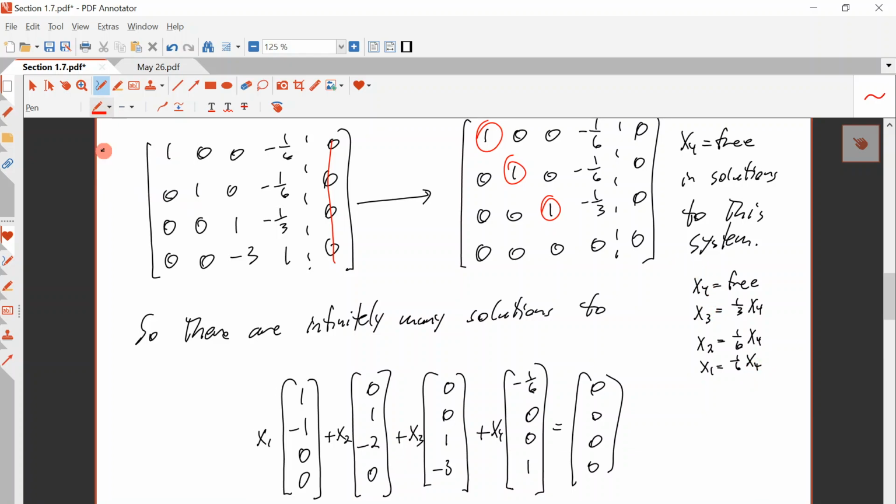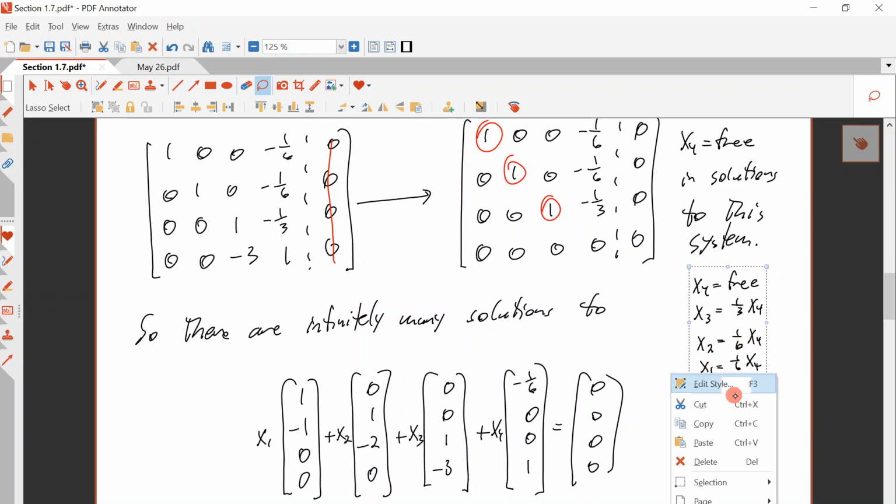So that would be a solution to this system of equations, or this vector equation.